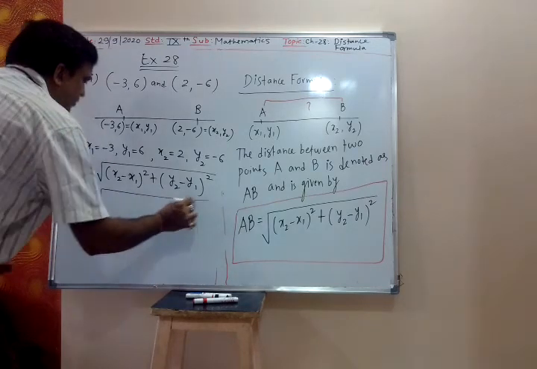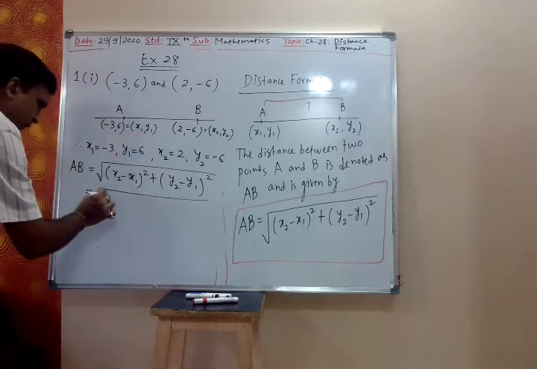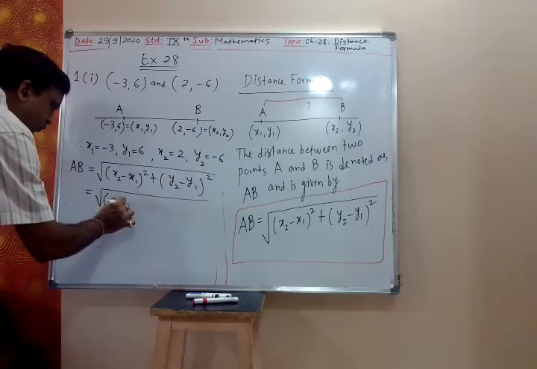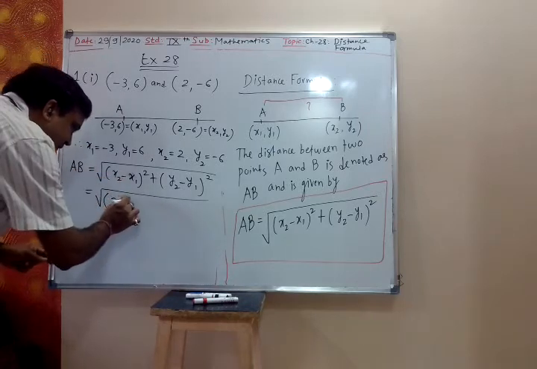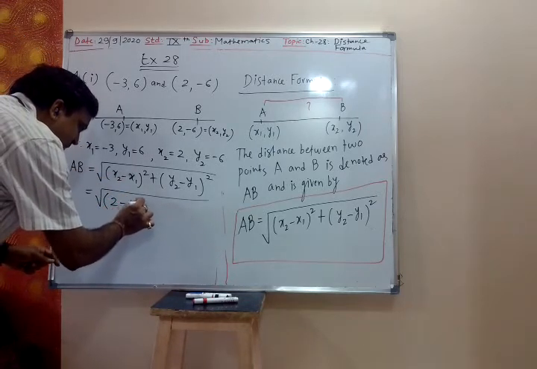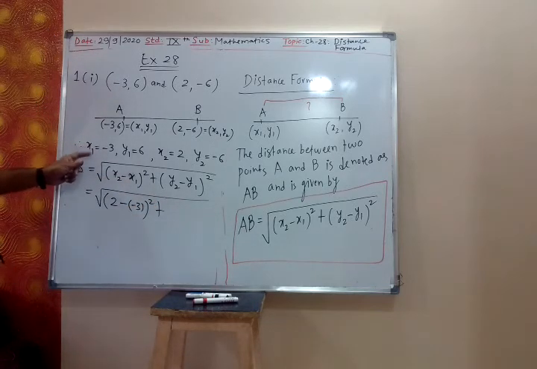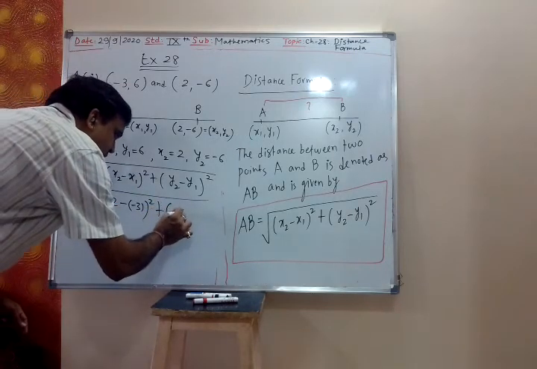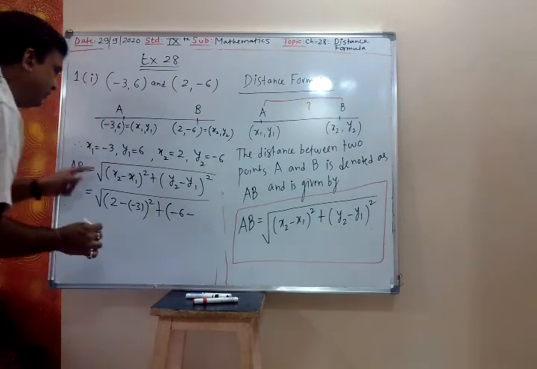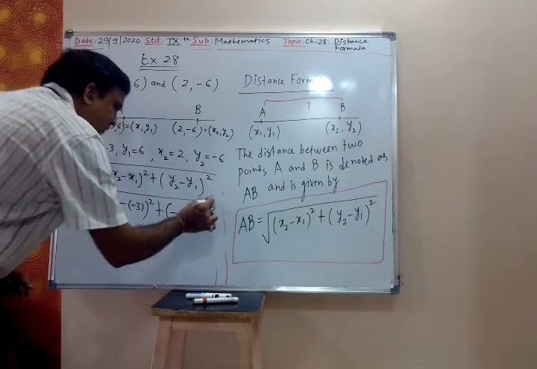So that will be the square root of 2 minus minus 3 square plus minus 6 minus 6 square.